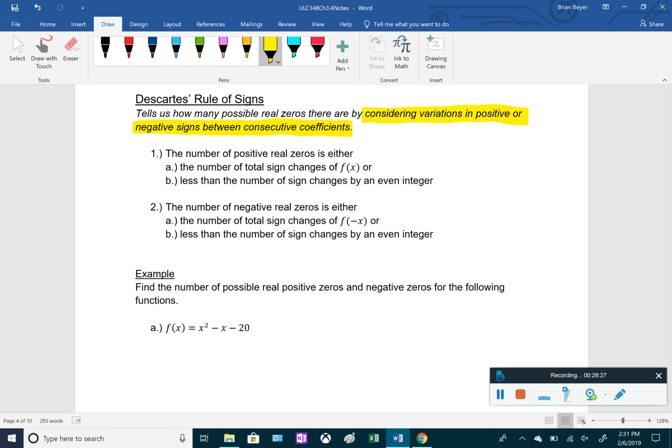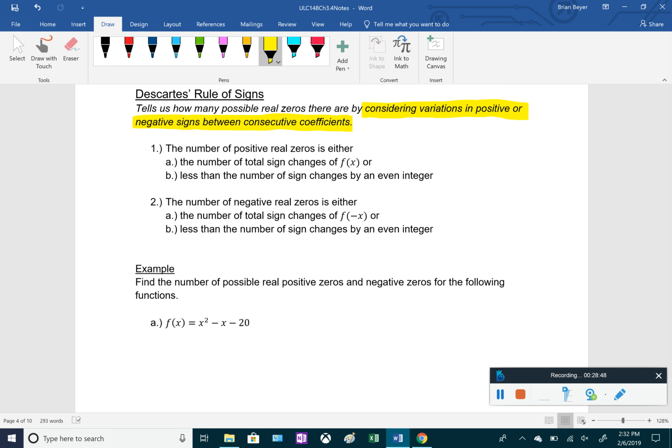So for example, if we found that the number of variations for consecutive coefficients was 6, it changed 6 times from positive to negative or vice versa, then it would either be 6, 4, 2, or 0. So that's what it means for less than by an even integer. Just subtract 2 over and over again.